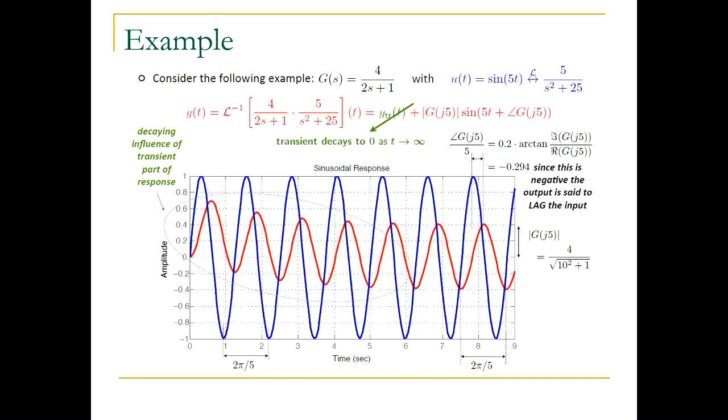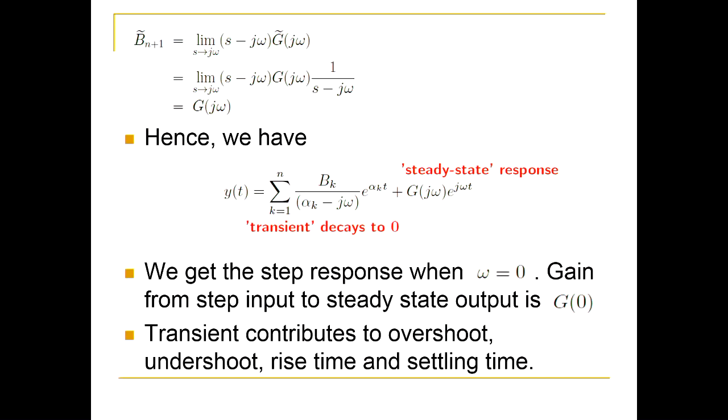5 is still the frequency of the input signal, so the output frequency in steady state will still be 5, the same as the input frequency. And then I had this phase shift. By phase shift, I wrote the phase of G evaluated at J5. Why J5? Note that here G of J omega determines the steady state.